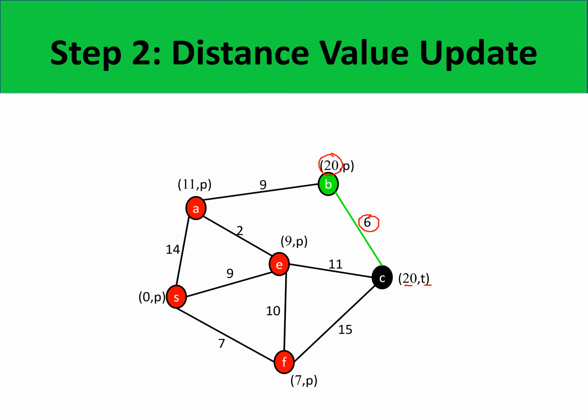So in this case, the distance value of C will be retained to 20. Now, since it's the only temporary labeled vertex, we change this label of C from temporary to permanent. So this means that we have found the shortest distance from the starting vertex S going to the vertex C, and it is given by 20.